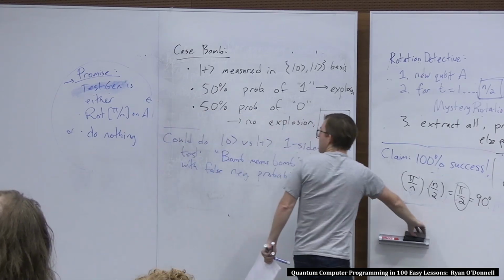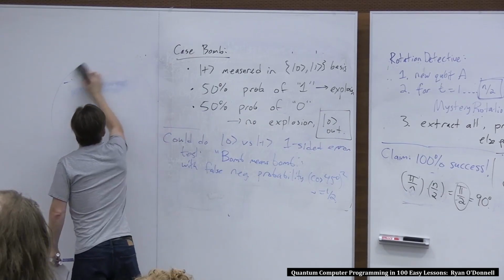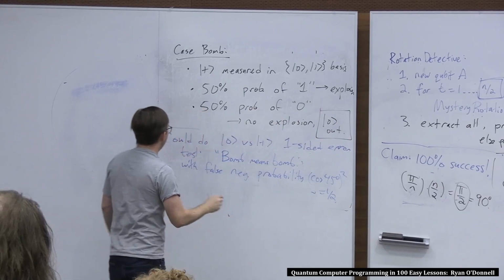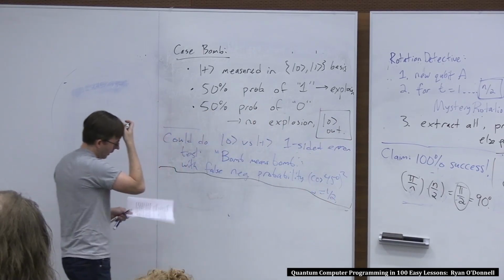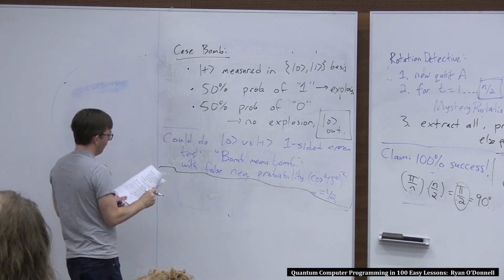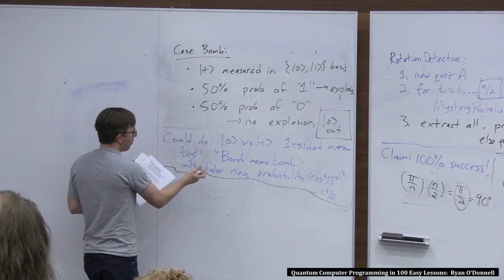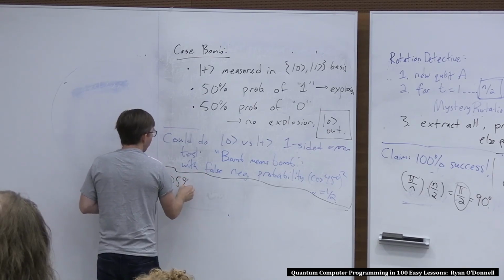Okay, and the nature of this test is that once you do this second test on the photon that comes out, assuming you don't explode, if it says bomb, okay. If it says not bomb, then it's kind of inconclusive.